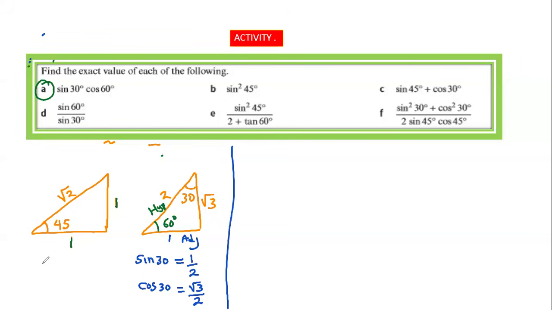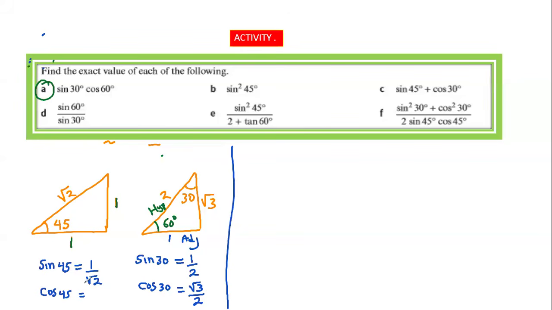sine 45 and cos 45. For sine 45, members, we use triangle 1. Sine is opposite over hypotenuse, and using triangle 1 our opposite is 1 and our hypotenuse is root 2. So we say 1 over root 2. This bracket is multiplied by another bracket, which is cos 45. For cos 45 we use the first triangle.